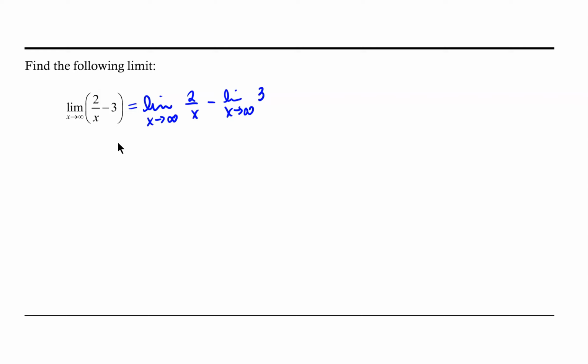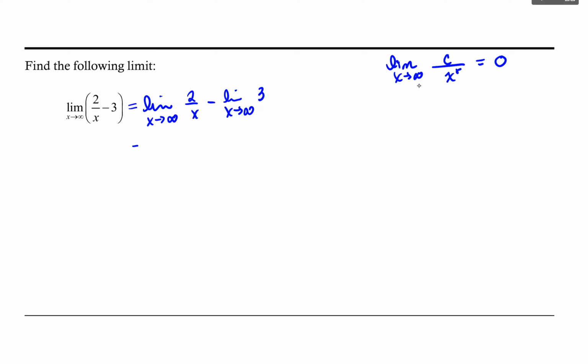Now we've already established that the limit as x approaches infinity of any constant over x to the r power, where r is a rational number, is equal to 0. So we can apply this property to this limit we have.